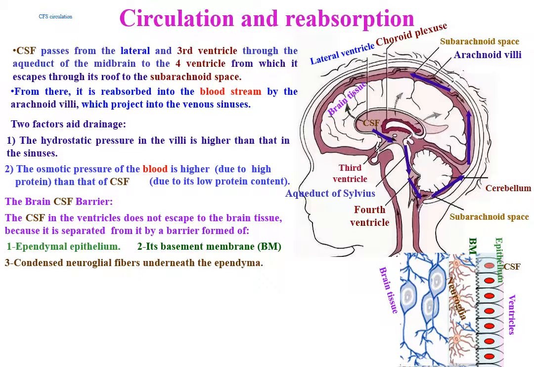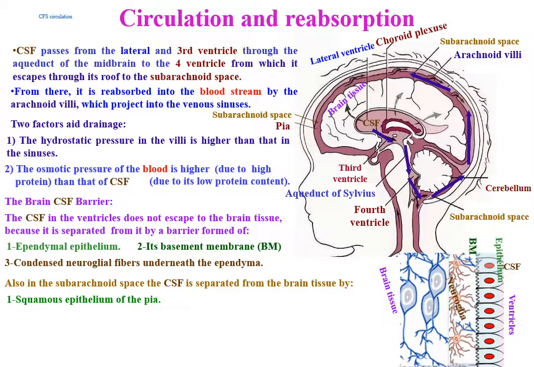Also, in the subarachnoid space, the cerebrospinal fluid is separated from the brain tissue by the squamous epithelium of the pia mater, its elastic and collagenous fibers, and the condensed neuroglial fibers underneath the pia.